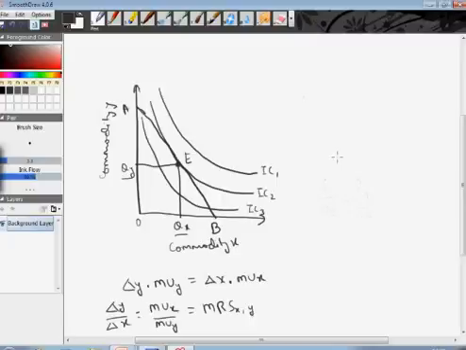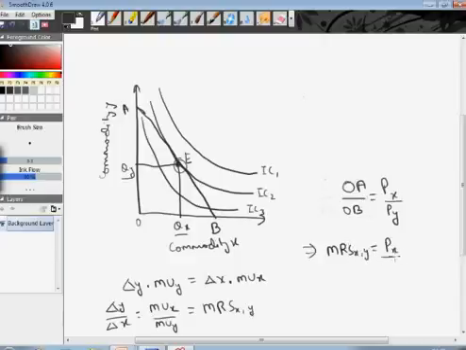We also know that OA upon OB is equal to Px upon Py. Thus, at point E, that is this point, the marginal rate of substitution of X to Y is equal to Px upon Py.